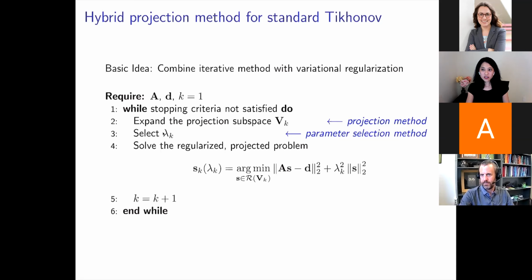So I'm going to look for a regularization parameter for my projected problem, and then I'm going to solve the regularized projected problem here. So I'm going to look in this particular subspace spanned by the V_k and compute a regularized solution there. So essentially I'm combining two different types of regularization: regularization by projection and regularization by the standard regularization term.